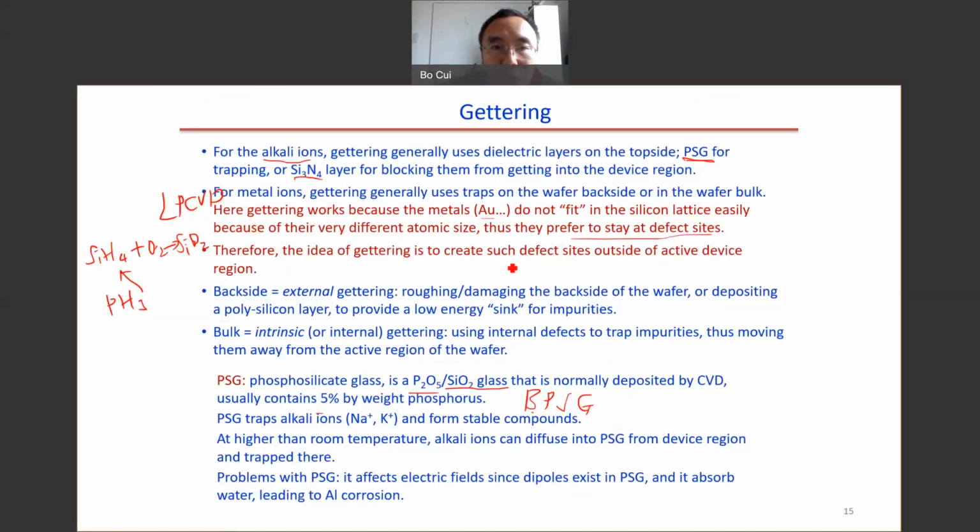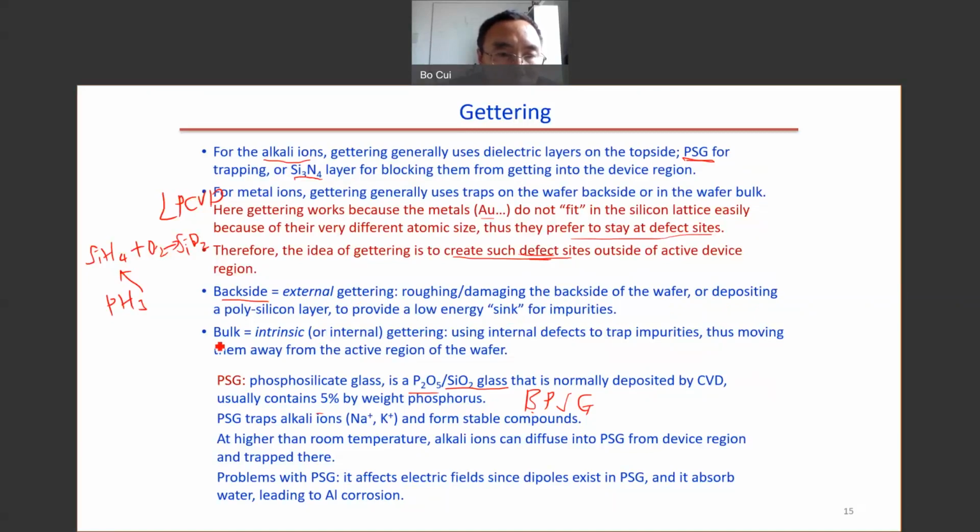That means if we create a lot of defects, then those metals will be trapped at the defects. The defects can be created at the backside. This is called external gettering. We can make the backside rough, damage the backside of the wafer, or deposit some polysilicon on the backside. So we have a lot of defects on the backside. This is called external gettering.